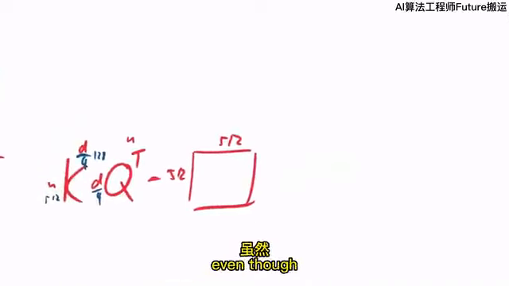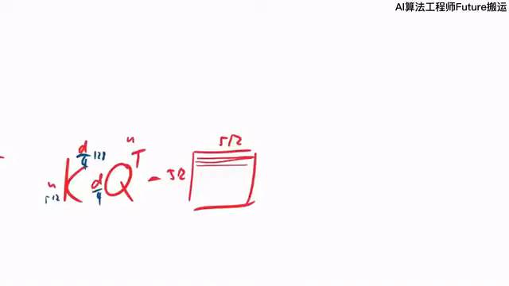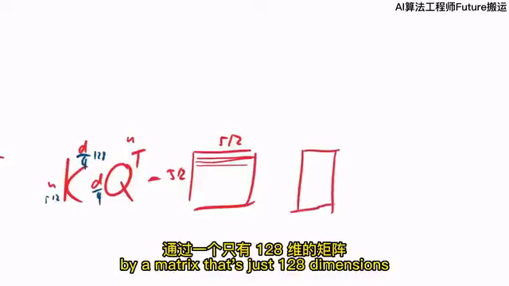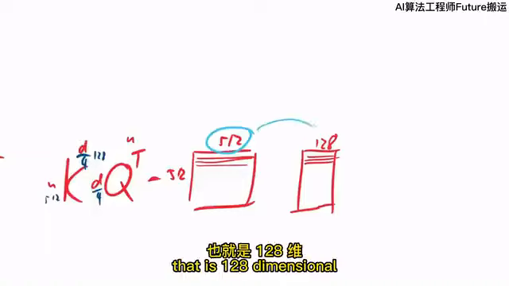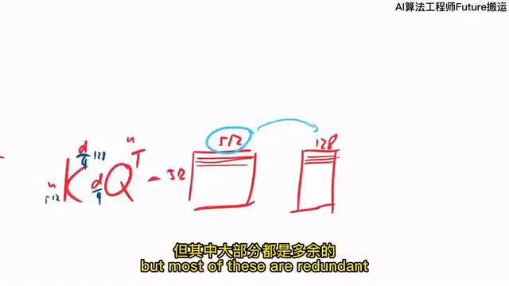That means even though this matrix contains vectors of size 512, they could be represented accurately by a matrix that's just 128 dimensions. So these 512 dimensions actually only contain information that is 128 dimensional in nature. It's just distributed over 512 dimensions, but most of these are redundant.